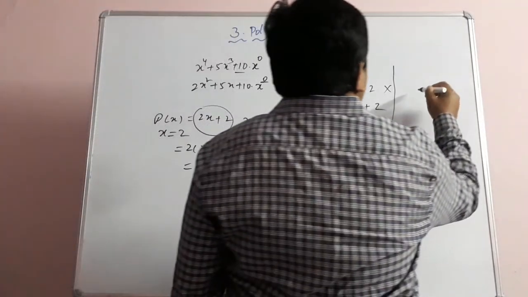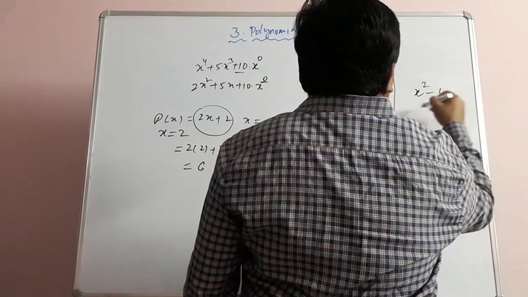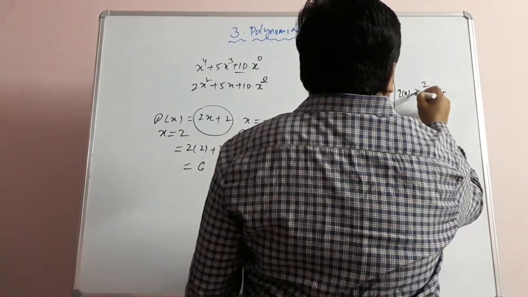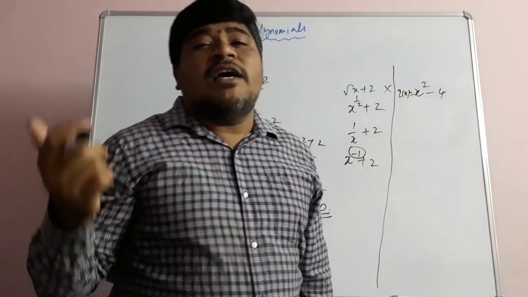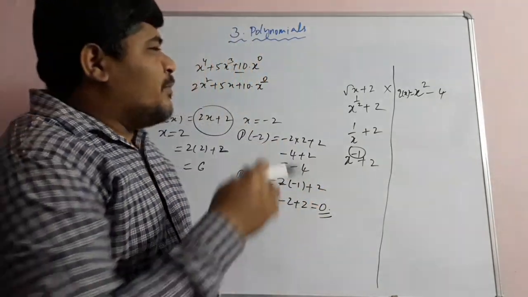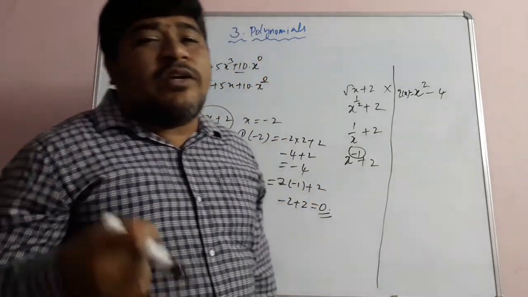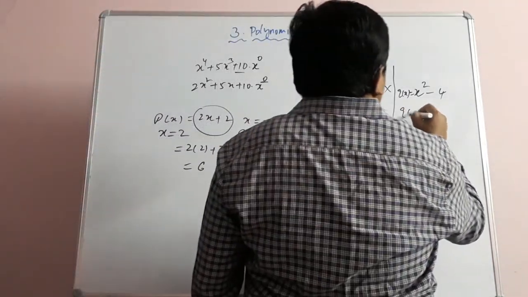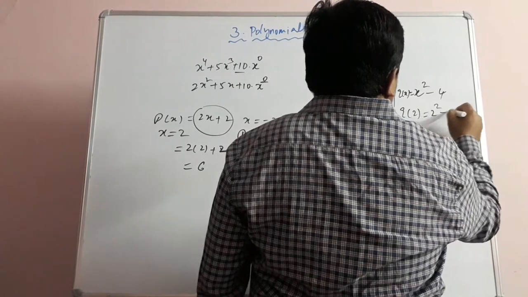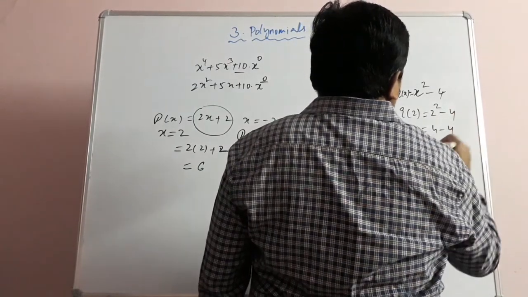I'll give you one example. Take x square minus 4 and name it q of x. We can name polynomials as p of x, q of x, r of x, g of x, h of x. Suppose q of x is equal to x square minus 4. I am finding q of 2: that is 2 square minus 4, which is 4 minus 4, 0.